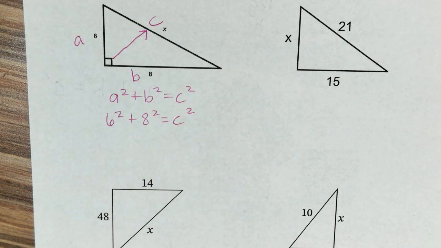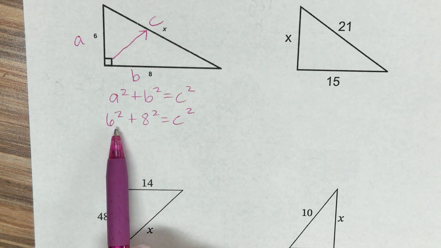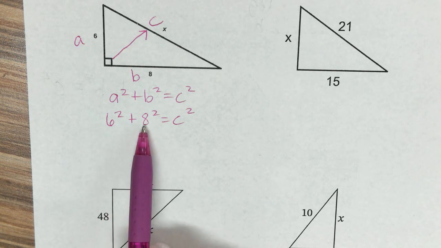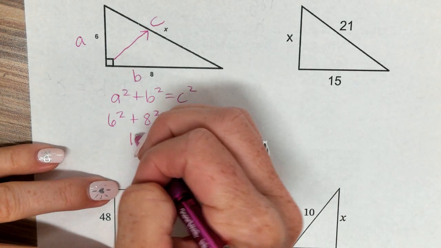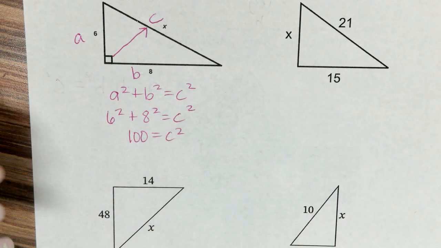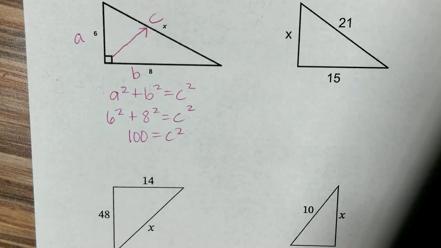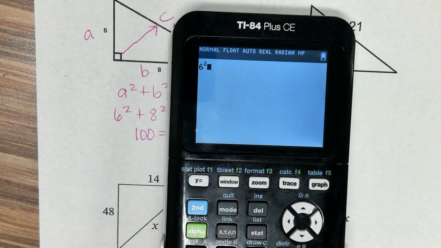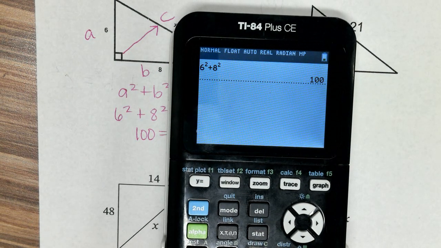Now I simply solve it like an equation with a missing variable. What is 6 squared? 36. What's 8 squared? 64. And 36 plus 64 is 100. If you didn't know that, could you put 6 squared plus 8 squared in your calculator? Yes.